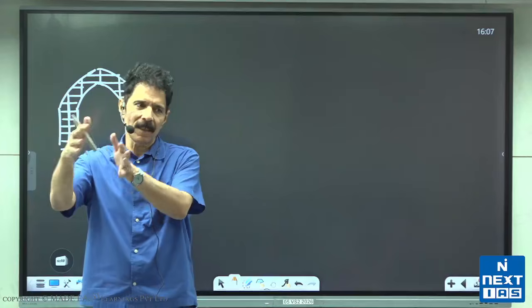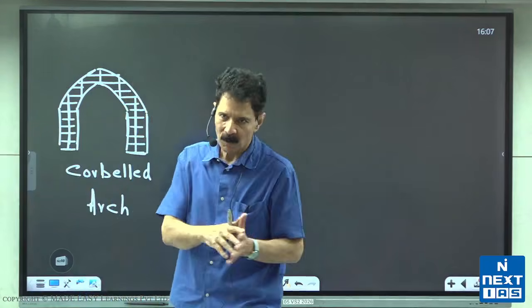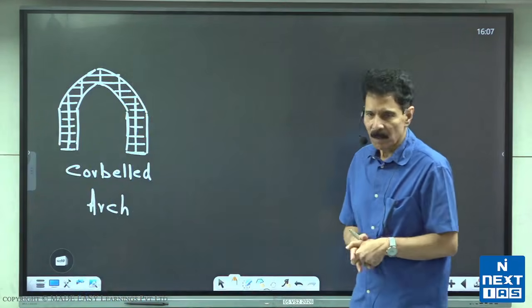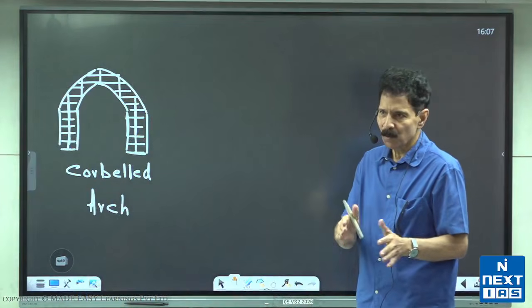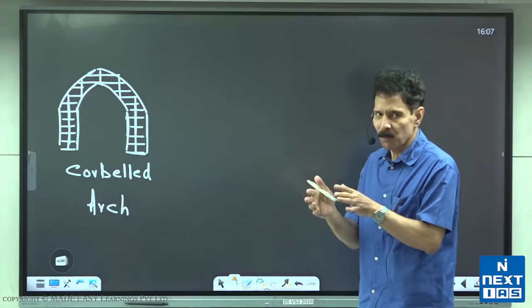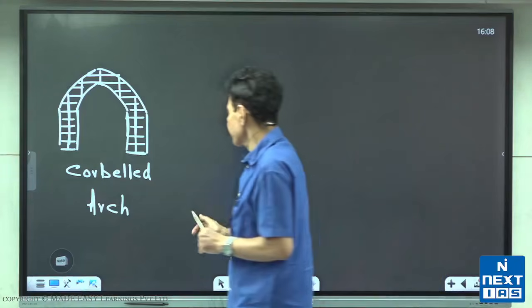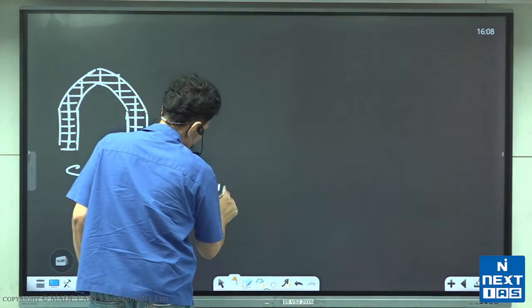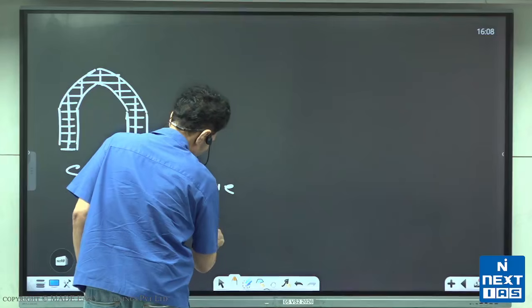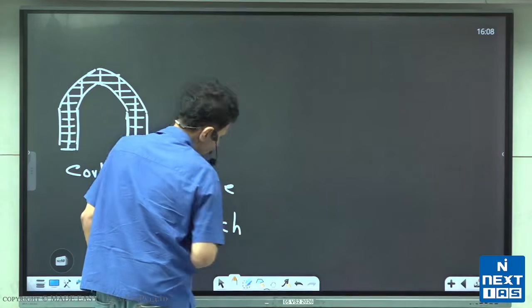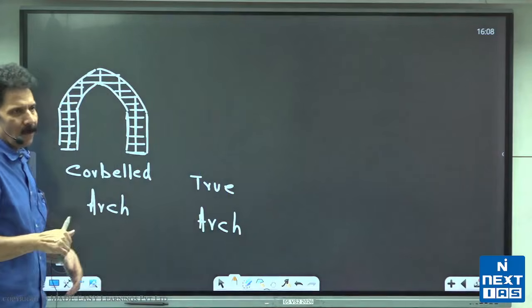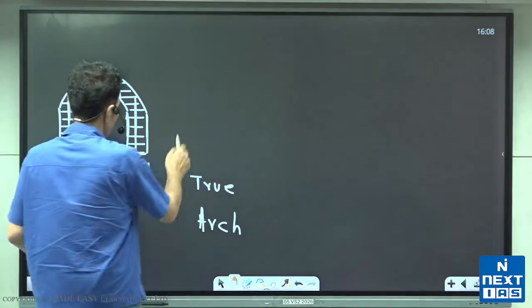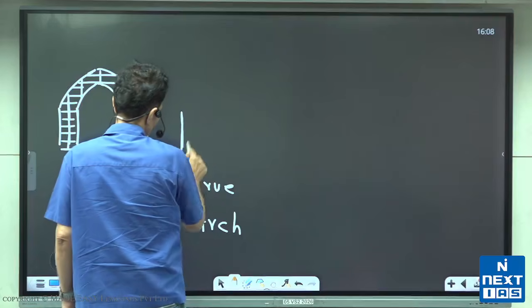Later on, those architects were brought, and the result was a shift from the corbelled arch to a new kind of arch, what we call the true arch. What is a true arch? See, through one diagram you can understand.